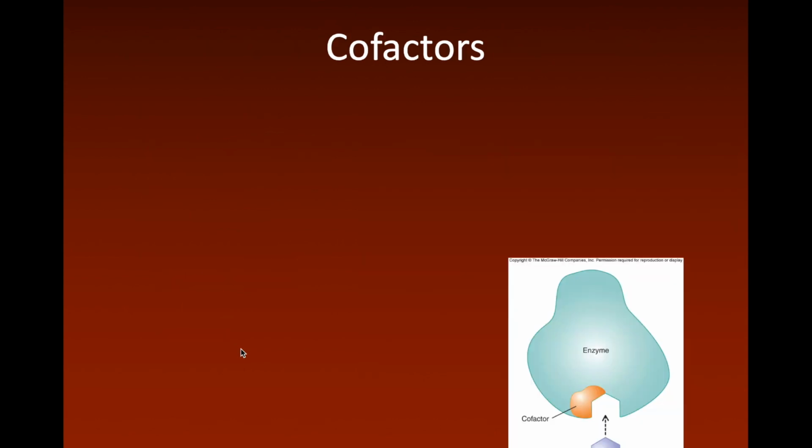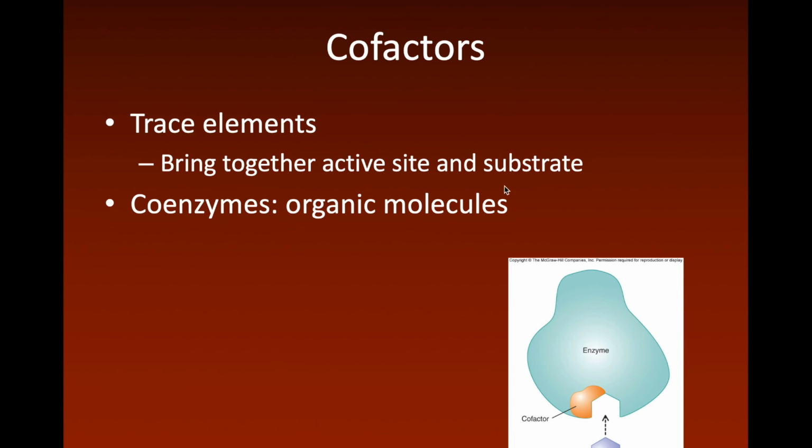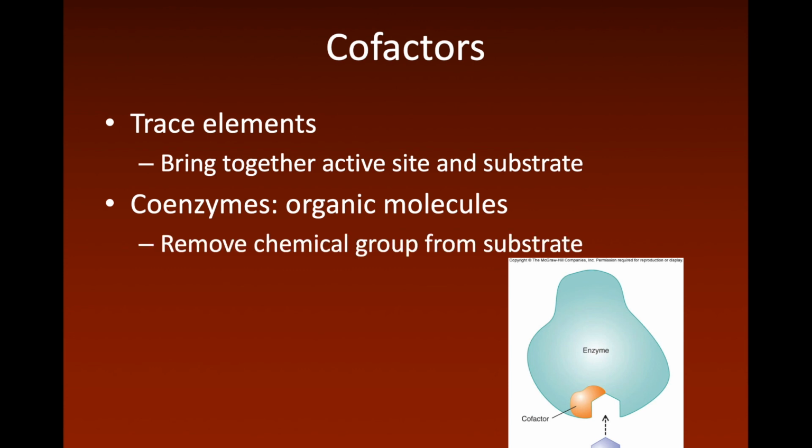These cofactors, as mentioned, can be elements, so metallic elements like iron or copper, etc. And these can do all kinds of different things. So they can bring together the active site and the substrate. They can also do modifications of this thing like breaking bonds or helping alter electron transfers, or coenzymes, which are usually vitamins.